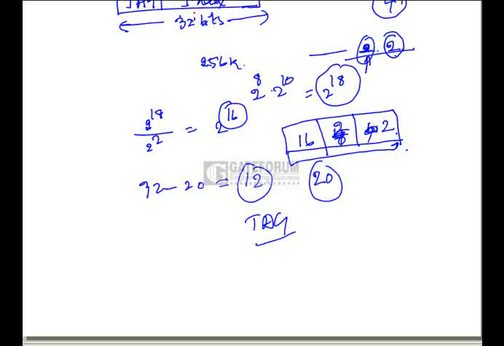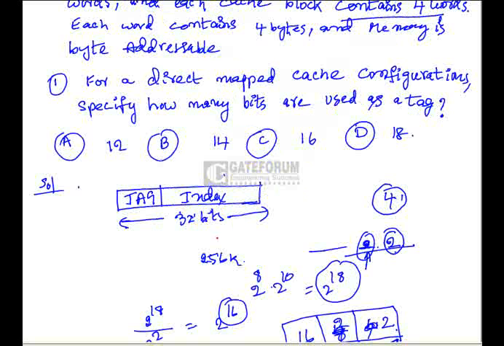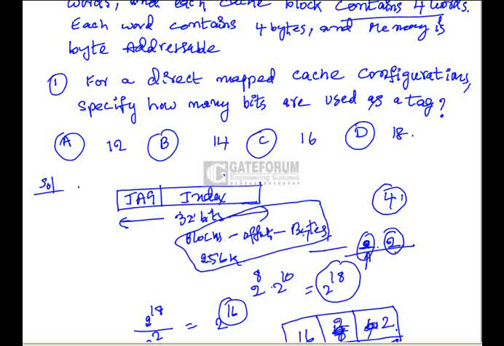This index is divided into 3 parts. One is the number of blocks, followed by the block offset, the word within the block, and then the bytes within the word. So this will be the index.